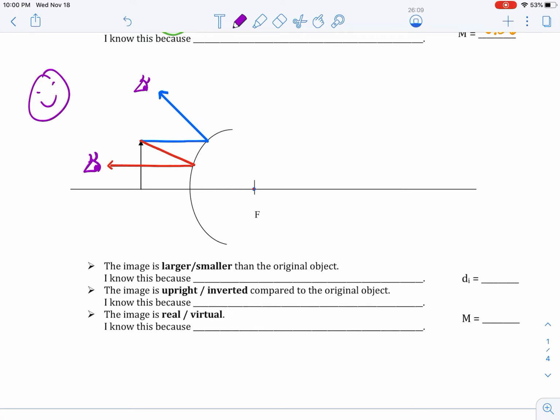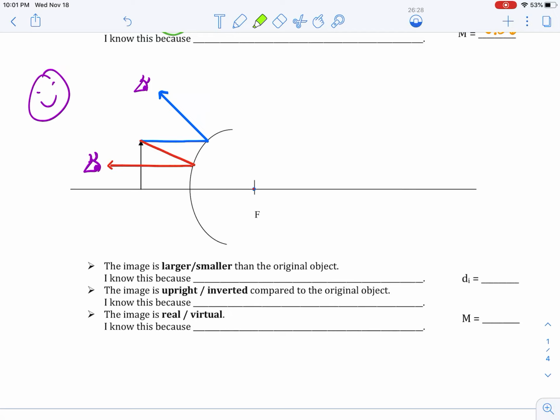So we have to find where these two beams intersect. Well, right now, they do not intersect. So does this mean that there is no image? Well, in this case, no. Only if our two vectors were perfectly parallel would they never intersect.